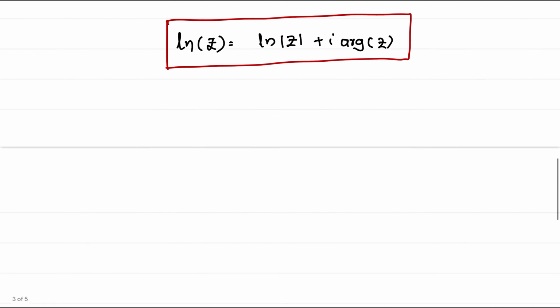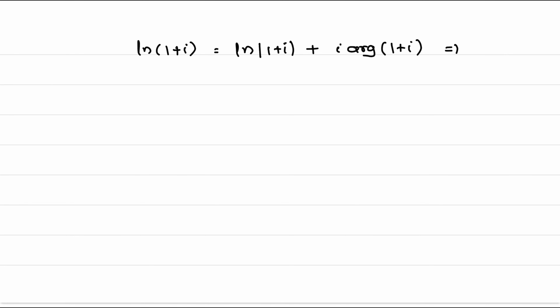Now, what is ln(1+i)? ln(1+i) is equal to ln of the magnitude of 1+i plus i times the argument of 1+i. Do you agree?